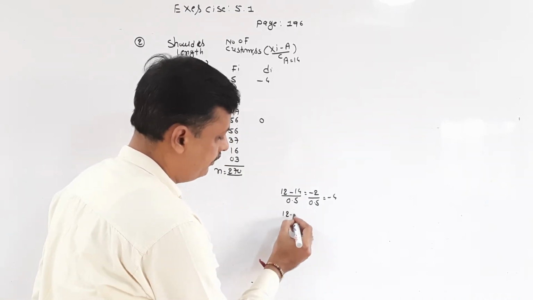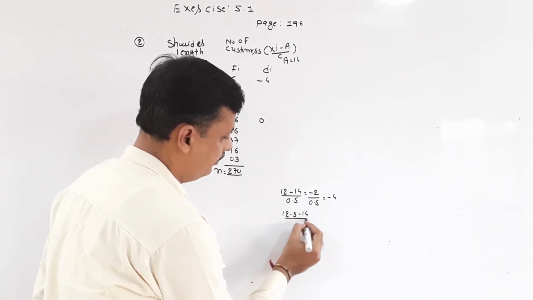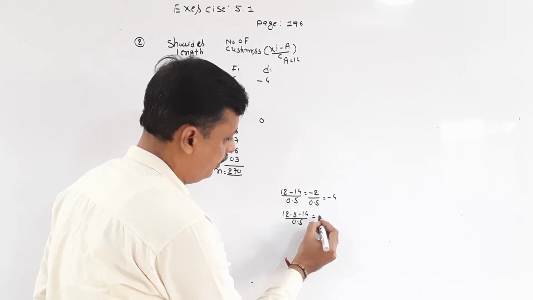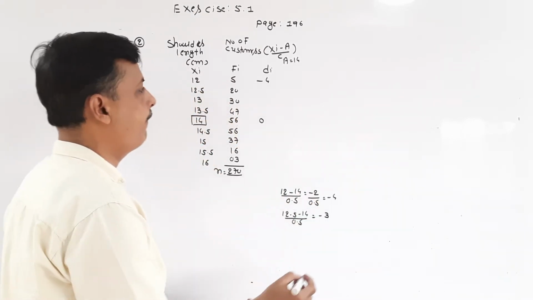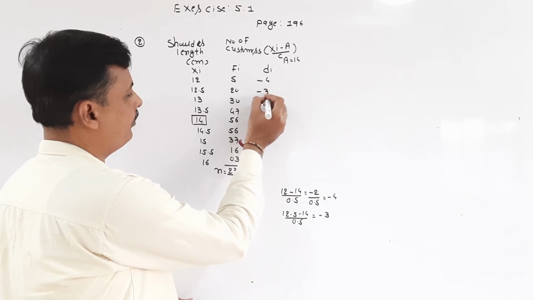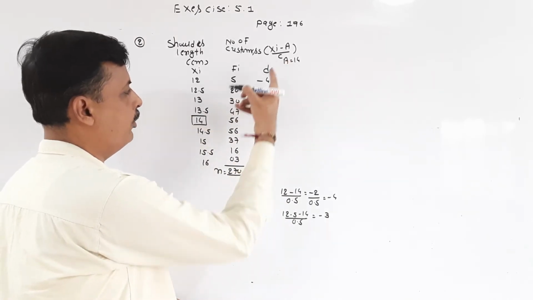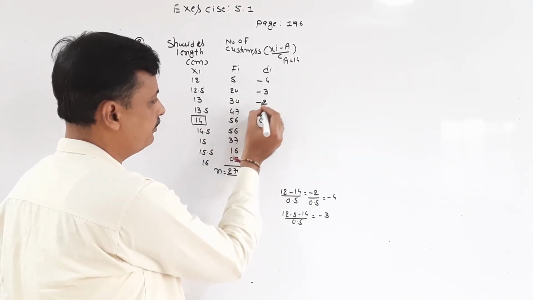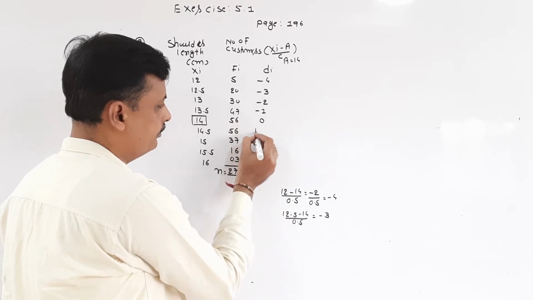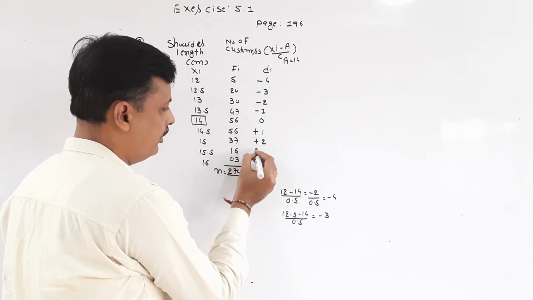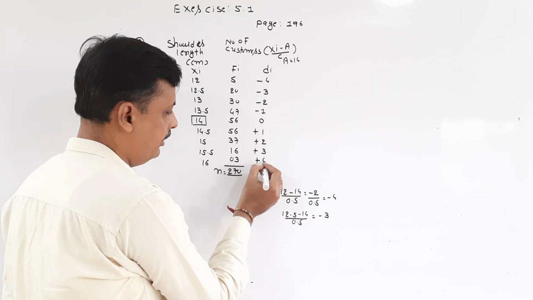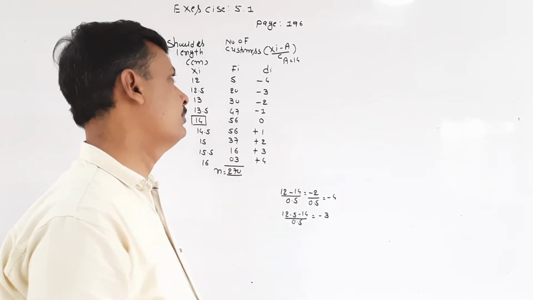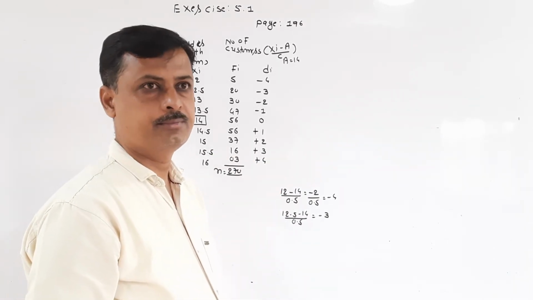For 12.5, minus 14 upon 0.5 is minus 3. 13 minus 14 divided by 0.5 is minus 2, then plus 1, plus 2, plus 3 follow, so di is done.